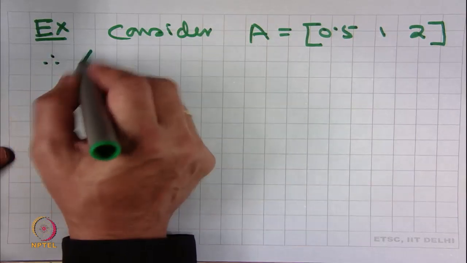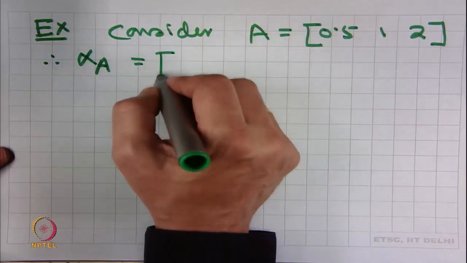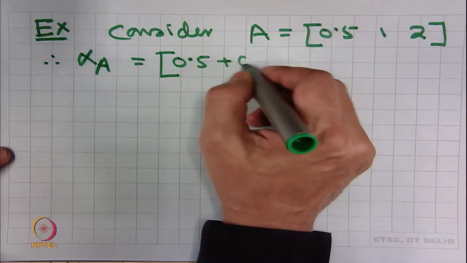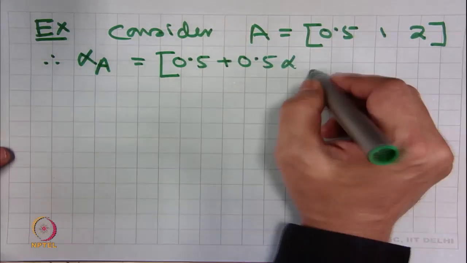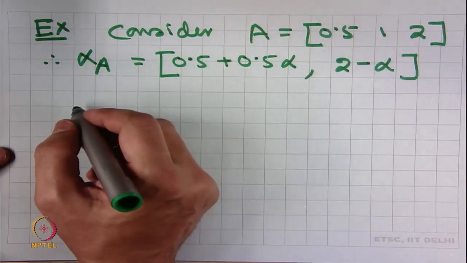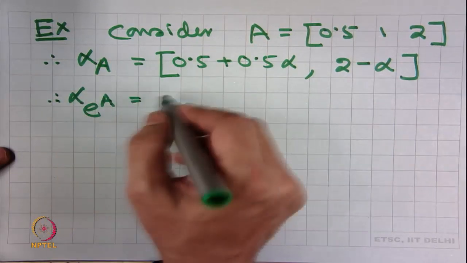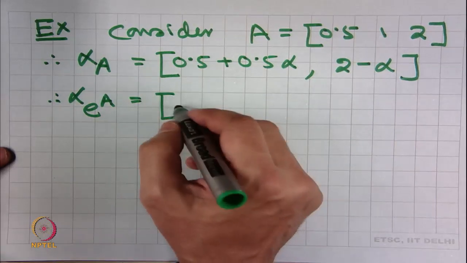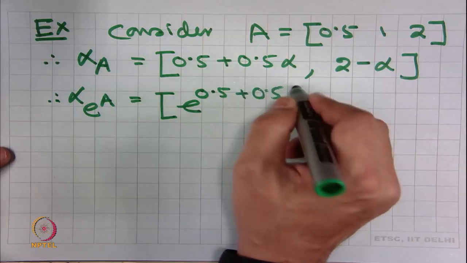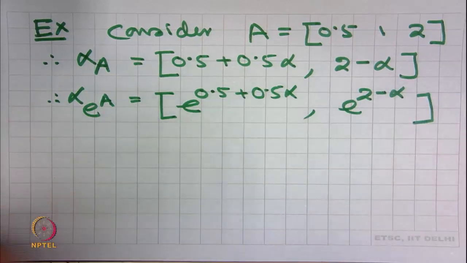Therefore, alpha cut of A is equal to 0.5 plus 0.5 alpha comma 2 minus alpha. Therefore, alpha cut of e to the power A is equal to e to the power 0.5 plus 0.5 alpha to e to the power 2 minus alpha.